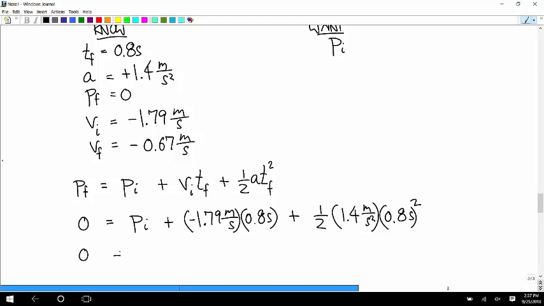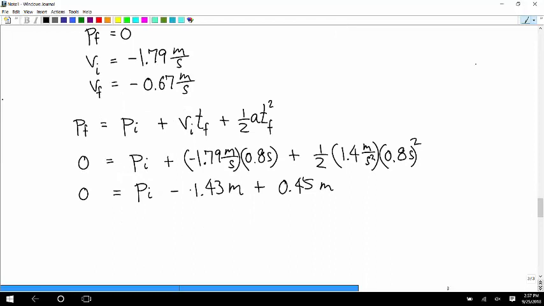And so 0 is equal to P initial plus, well, this one's negative 1.43 meters, and then plus 0.45 meters.